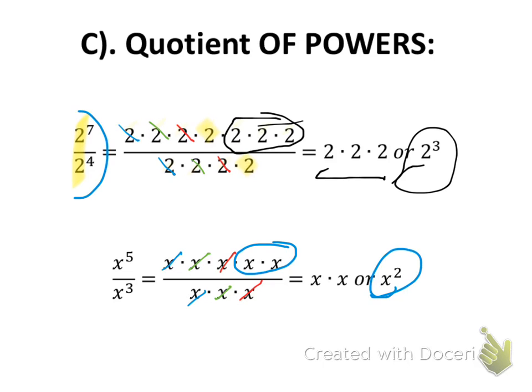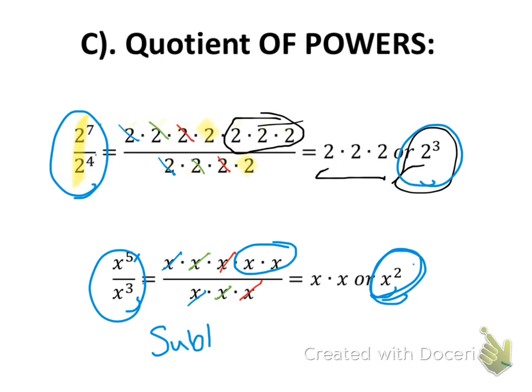How do I get from here to here, without doing any of this extra work? Well, how do I get 3 from 7 and 4? How do I get 2 from 5 and 3? The rule is subtract the exponents.